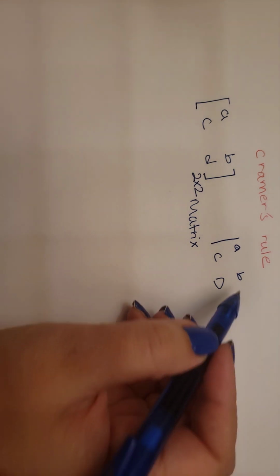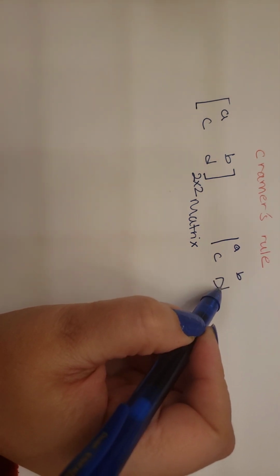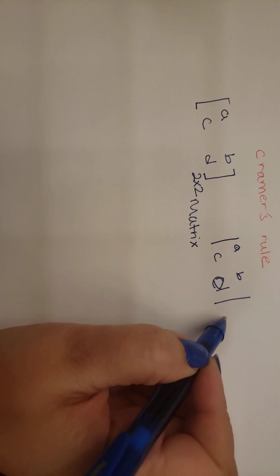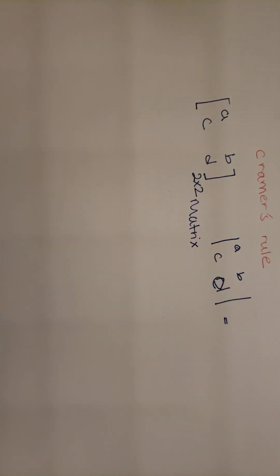Okay, and then let's put a small d, and it is used, as I told you, to calculate the system of linear equations. The value of the determinant is a unique number, and I'll show you how to calculate it for a 2 by 2 matrix.